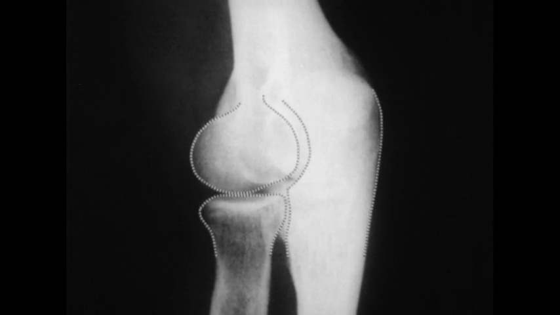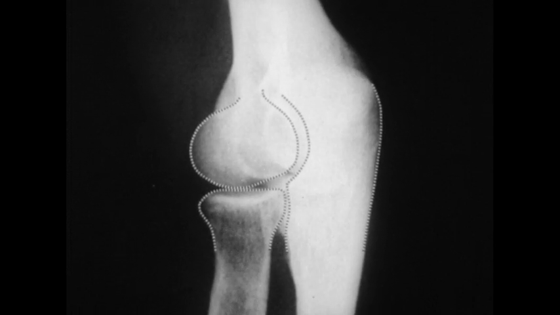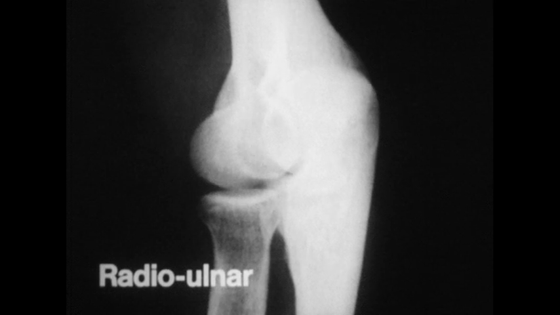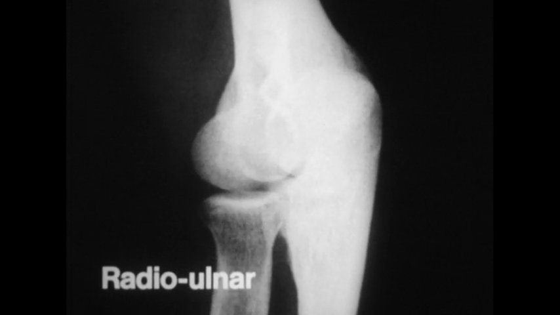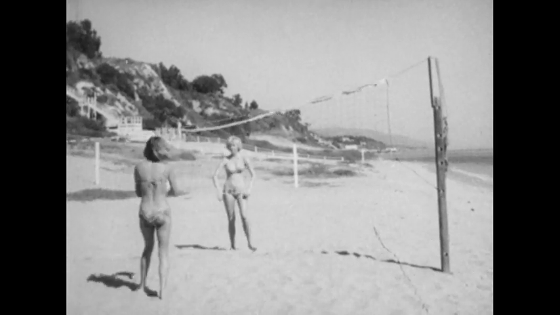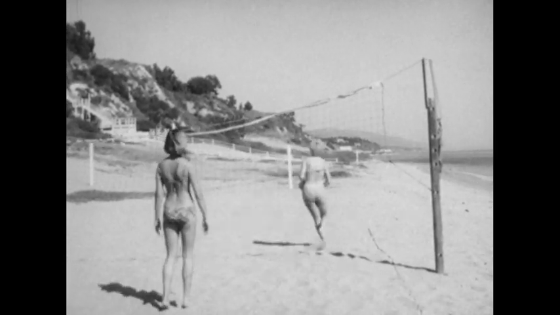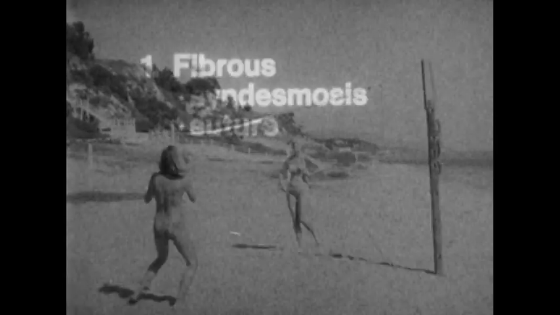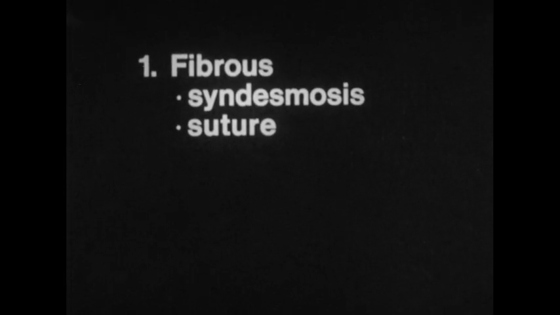Movement is limited to rotation about the long axis of the cylindrical portion. The proximal radio-ulnar articulation is a typical pivot joint. These, then, are the 3 basic kinds of joints in the human body and their specific subtypes.